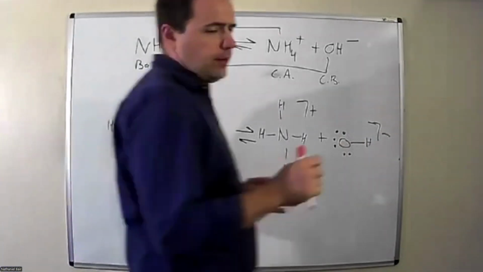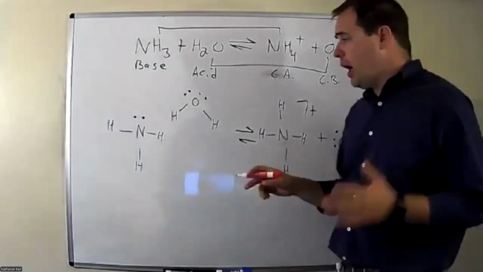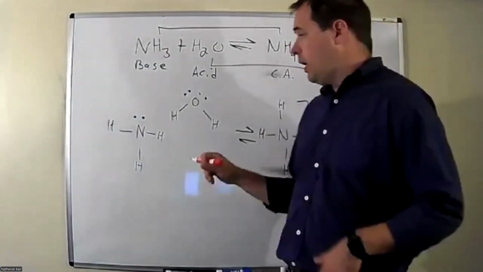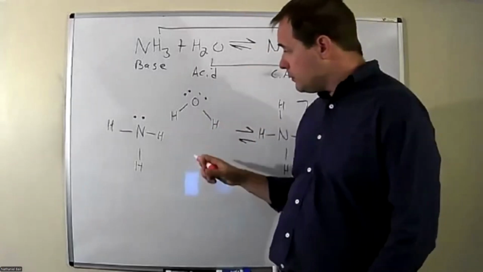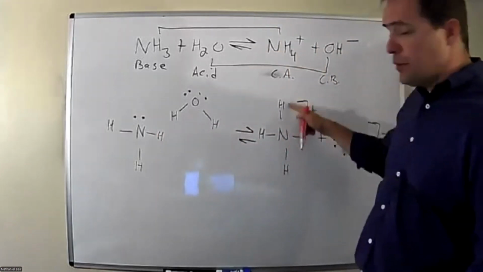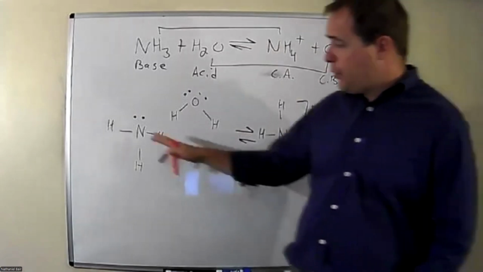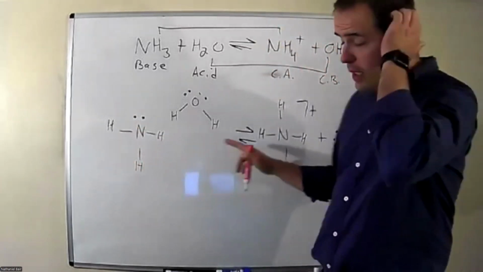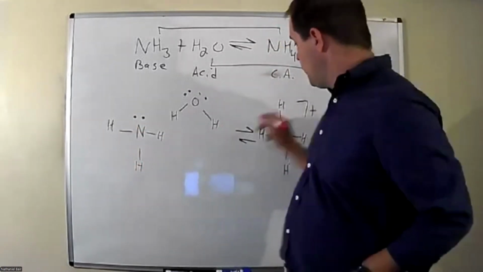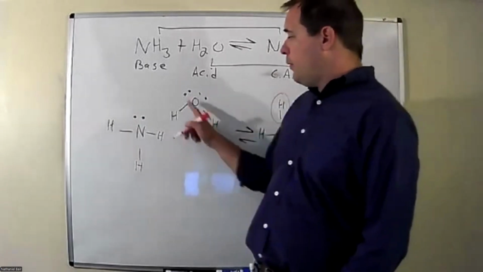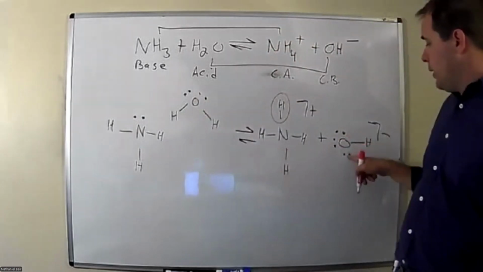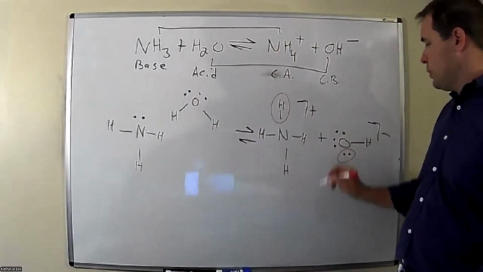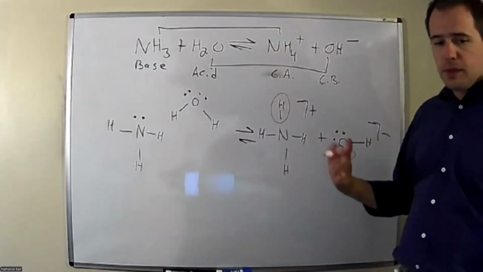Well, if we look here, we get a new bond between nitrogen and hydrogen. So we originally only had 3 nitrogen hydrogen bonds, and now we've got 4. So this is new. And if we look at the oxygen here, it originally only has 2 lone pairs. Now it has 3 lone pairs. So this is new. So what must have happened?